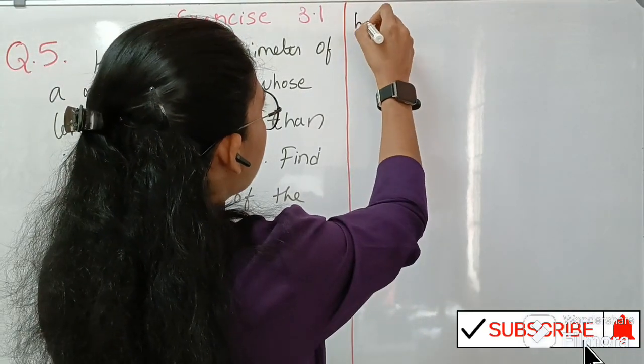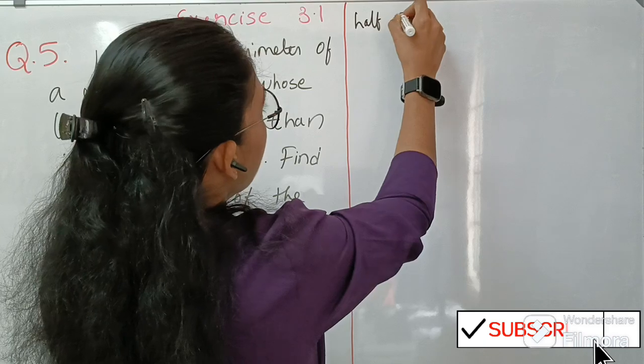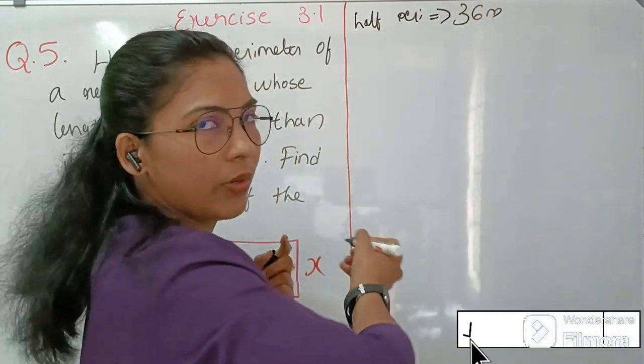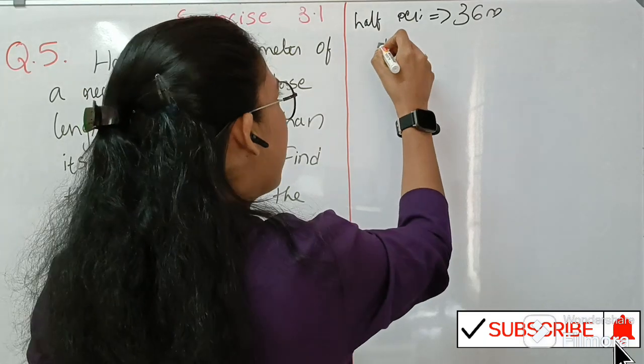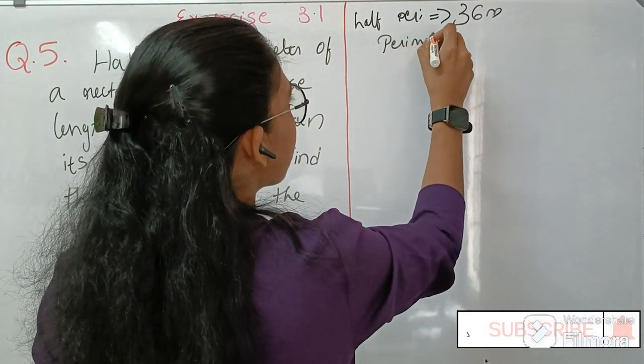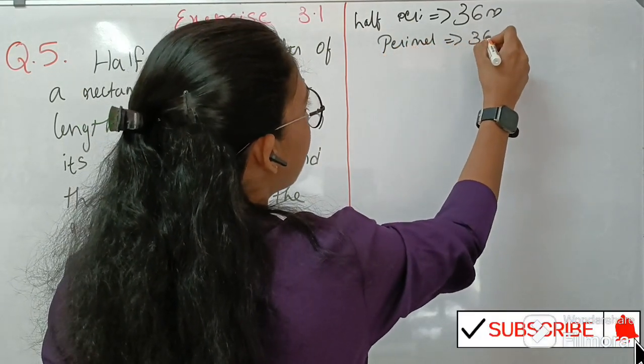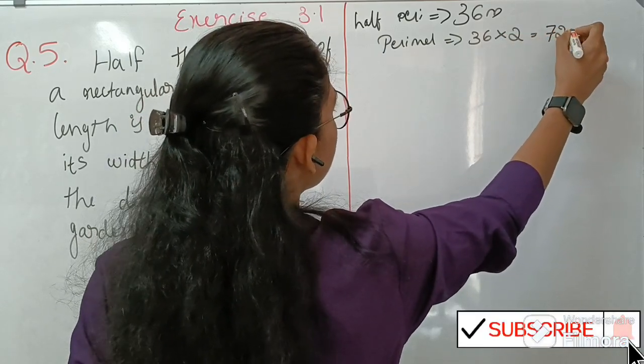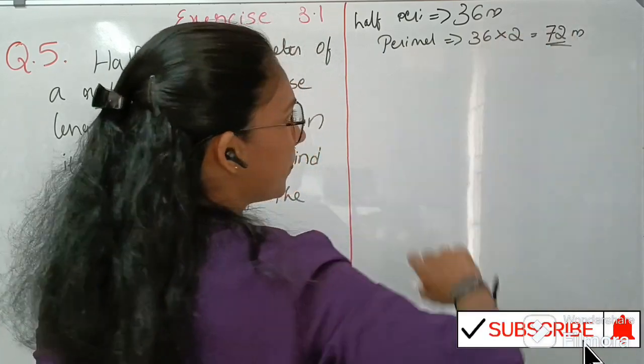Okay, so half of the perimeter is 36 meter. So what is the perimeter? Perimeter should be 36 times 2, which is equal to 72 meter.